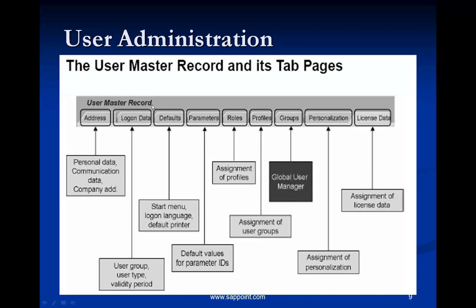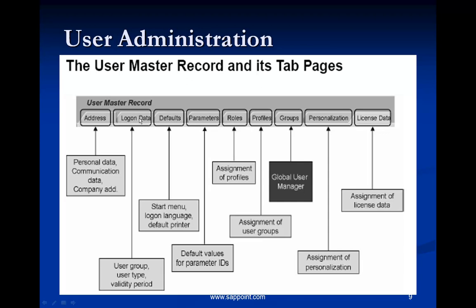Now you can see here a diagram for the user master record, and these are the different tab pages in which, as a user administrator, you will maintain the relevant information for each user. You have the address tab, in which you maintain the personal data and the communication data.